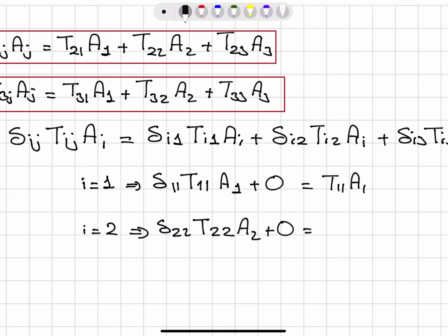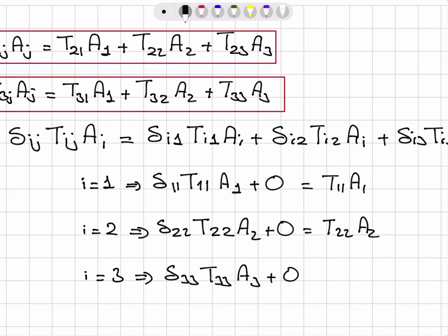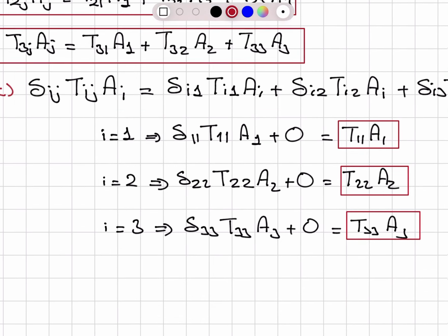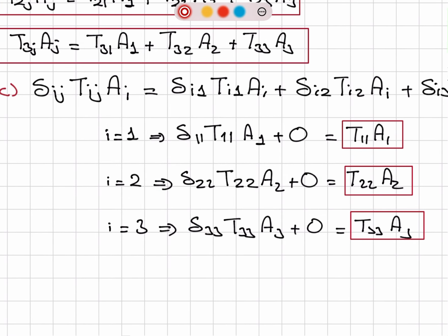And for i equal to 3, this implies delta 33 T33 A3 plus 0, which means it will be T33 A3. So it's T11 A1, T22 A2, and T33 A3.